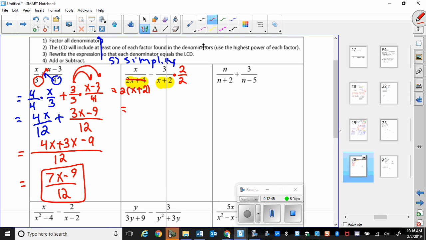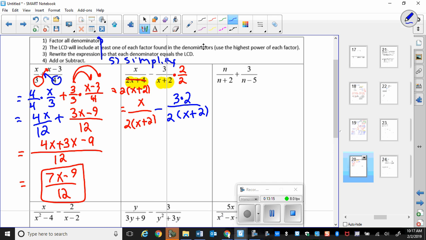So what I'm going to do is rewrite this a little bit and go with what I have here. So I have x over 2 parentheses x plus 2. And then on the right, I have minus 3 times 2 over 2 times x plus 2.